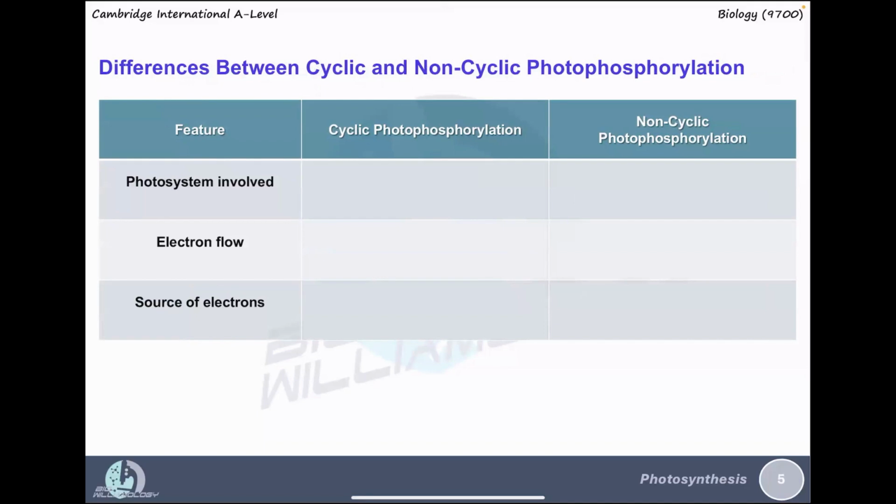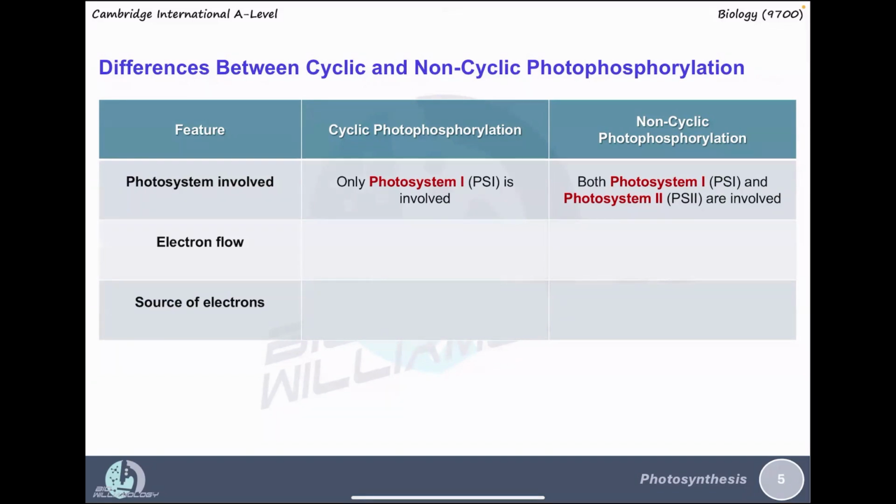Let us explore the differences between cyclic and non-cyclic photophosphorylation. First, the photosystem involved in cyclic photophosphorylation is only photosystem 1. However, non-cyclic photophosphorylation involves both photosystem 1 and photosystem 2.